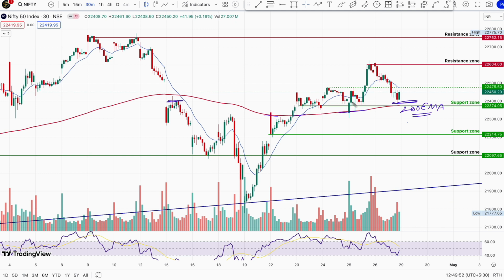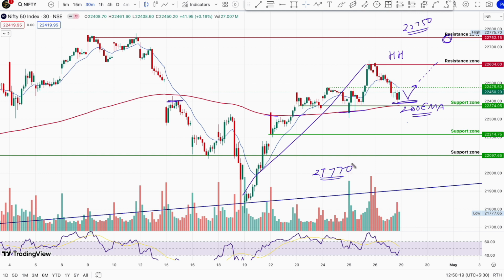If the market takes support here, it is going to make a higher high again, and there is a high probability that it will touch the 22,750 levels again.